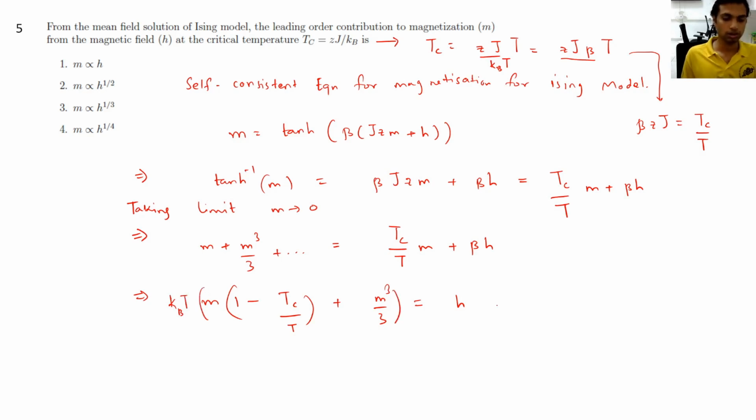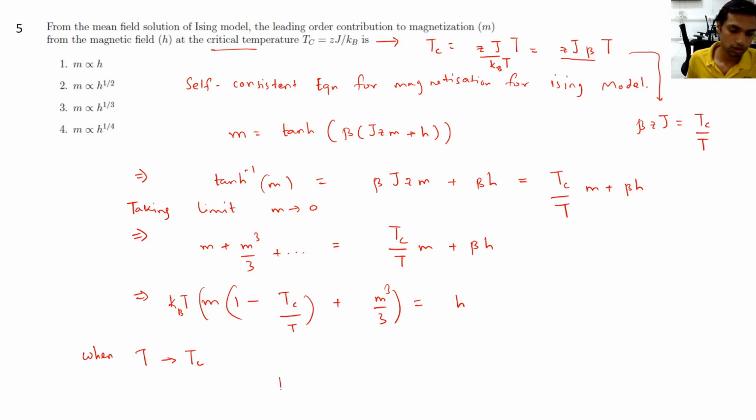Now at the critical temperature, that means when T becomes Tc, what would happen? T will approach Tc, and this quantity will approach 1, and 1 minus 1 will approach 0.